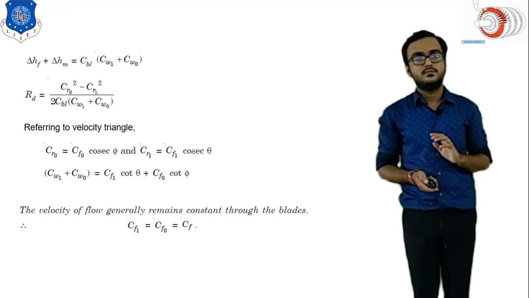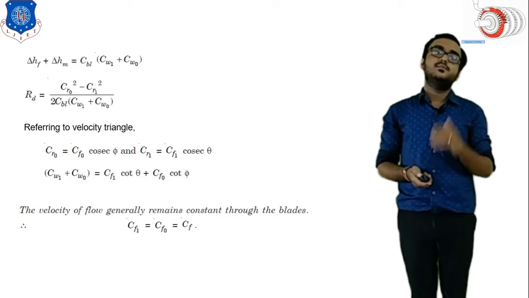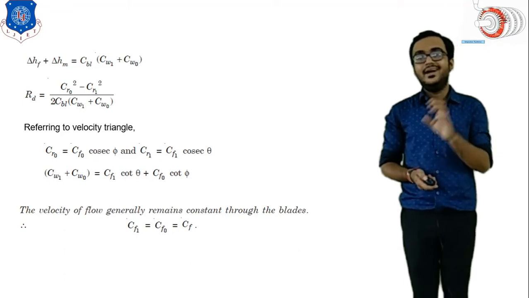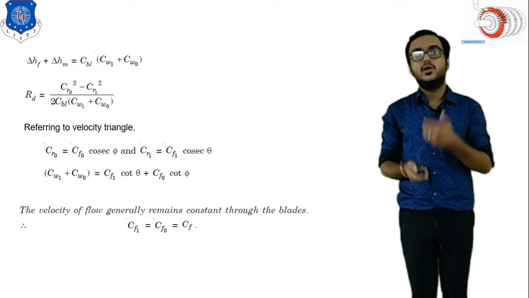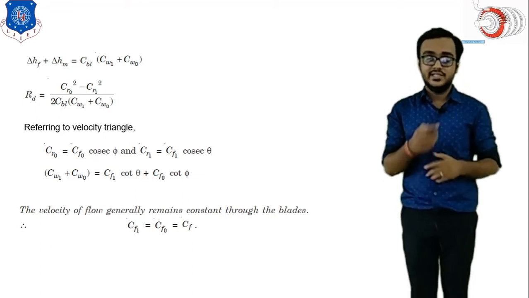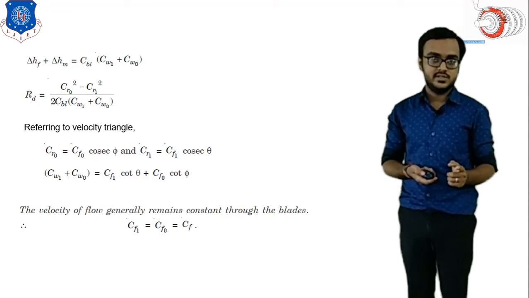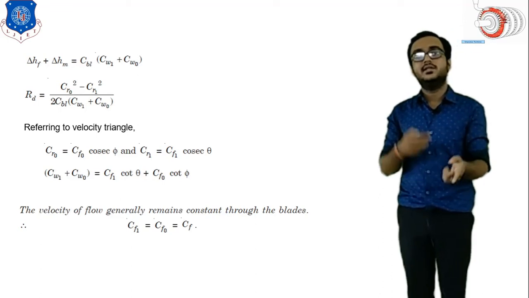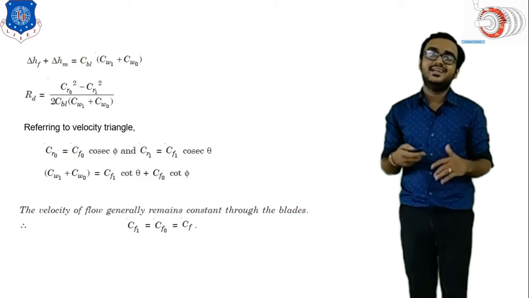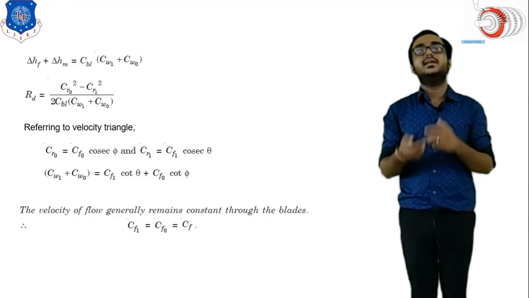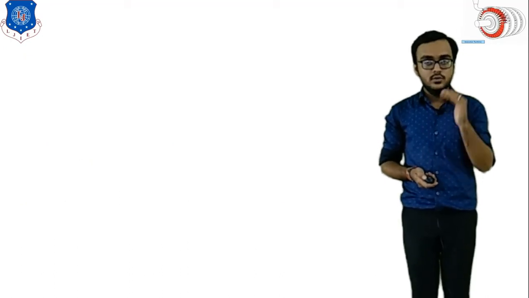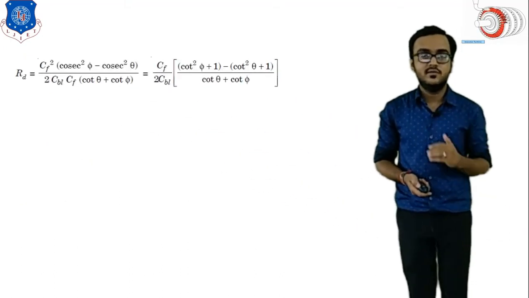Now we need to further simplify this equation, because from this equation we can't get the degree of reaction very quickly. We need to find the relative velocity and all those things, and it's quite difficult to measure relative velocity. So we need to convert this equation into a simplified form, in terms of measurable quantities, so that we can easily get the value of the degree of reaction Rd.